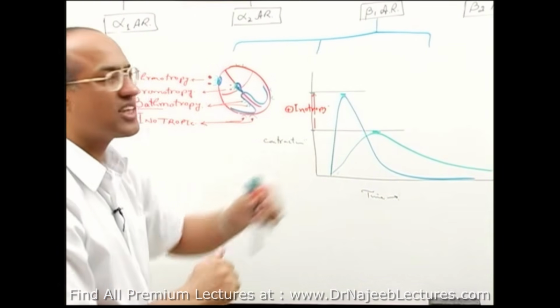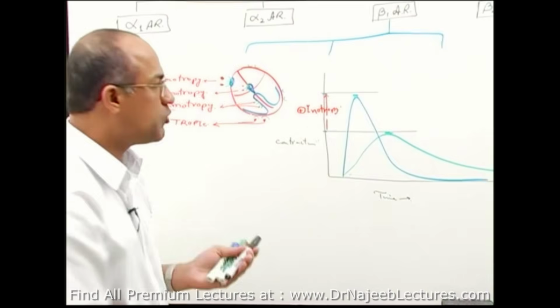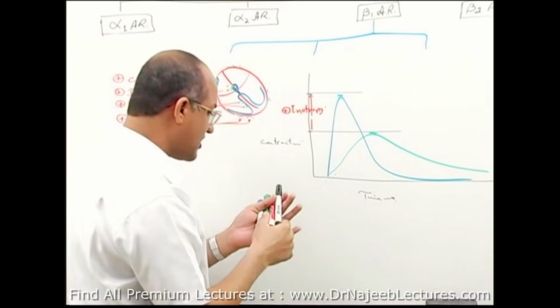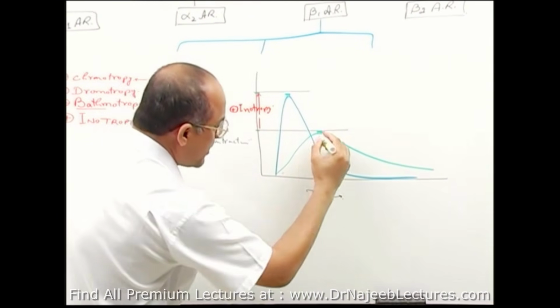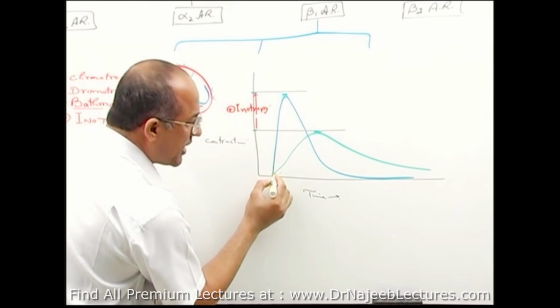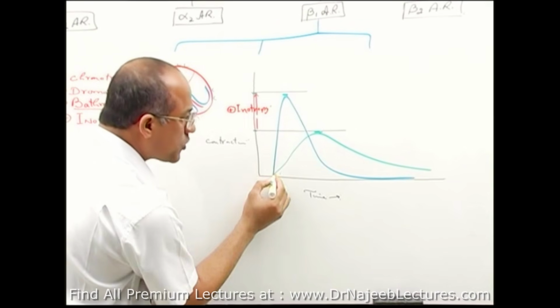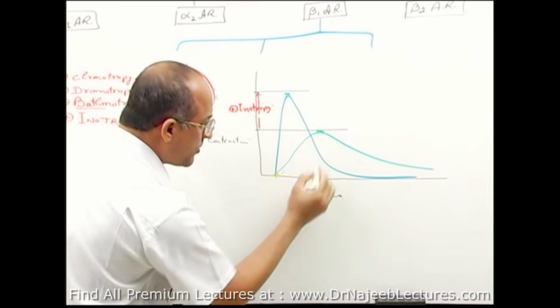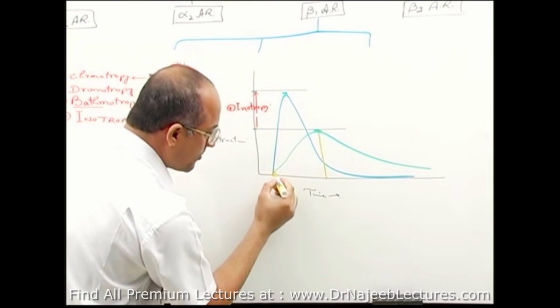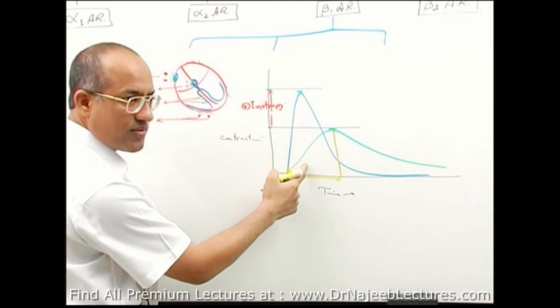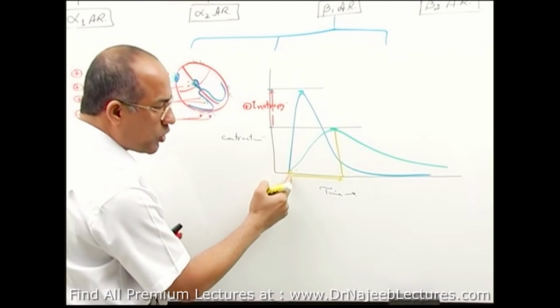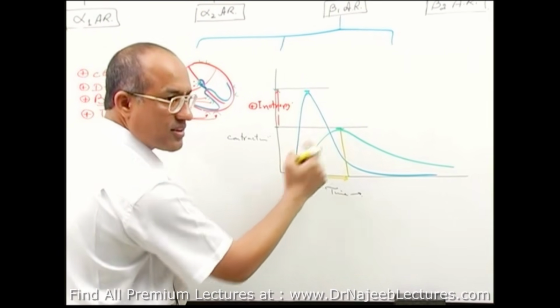But there is another thing which has increased: the velocity of contraction and relaxation. Let me show you how. Contraction started from here, and to reach the peak it took this much time without beta-1 stimulation.